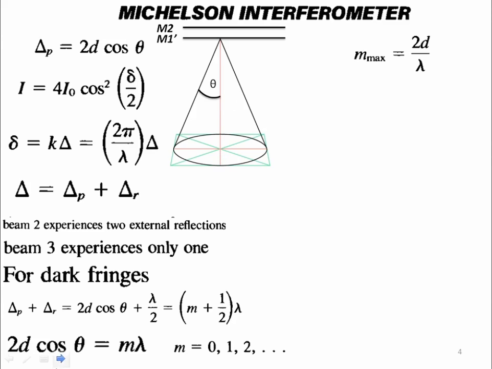So whenever theta is 0, we have this from the equation. Suppose lambda is fixed and d is fixed, then what does the value of m correspond to? In that case cos theta is 1, so that refers to the highest value of this integer m. So the central fringe refers to the highest order of the interference fringe.